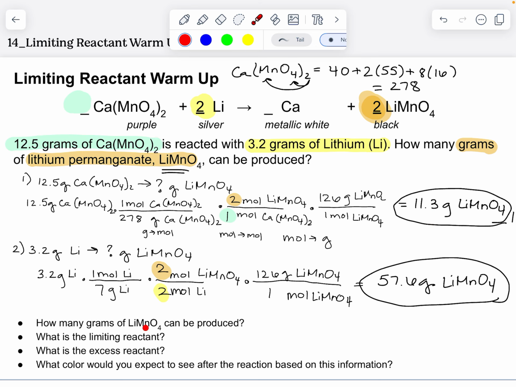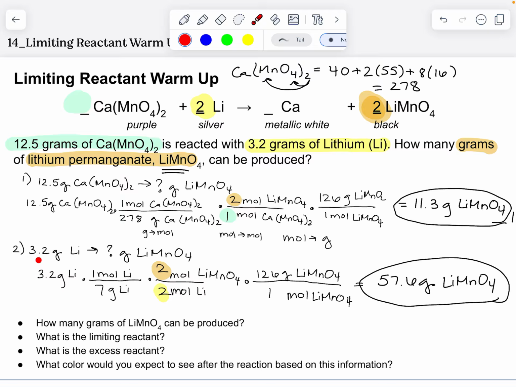So how many grams of lithium permanganate can be produced? Well, when I'm looking at my limiting reactant, I want to look at what's going to run out first. I'm not looking at the values that I start with. I'm looking at comparing the values that they're able to produce. My calcium permanganate, 12.5 grams, could produce 11.3 grams of product.